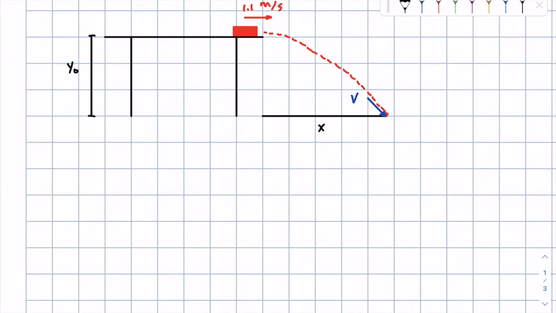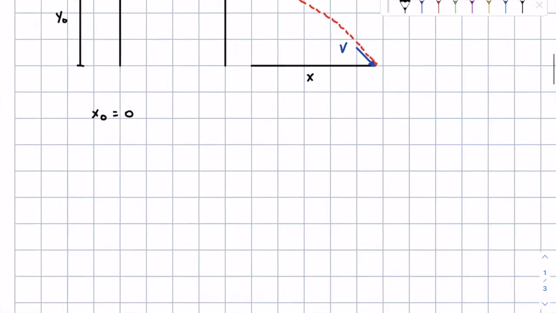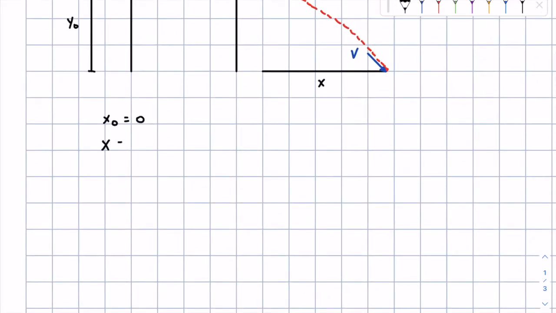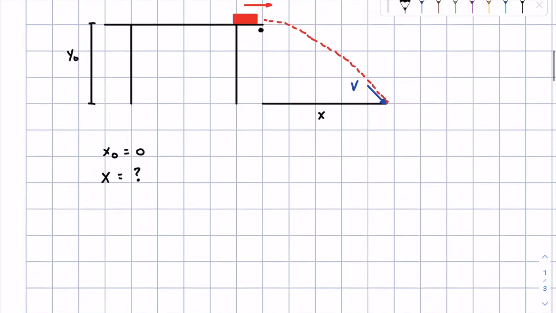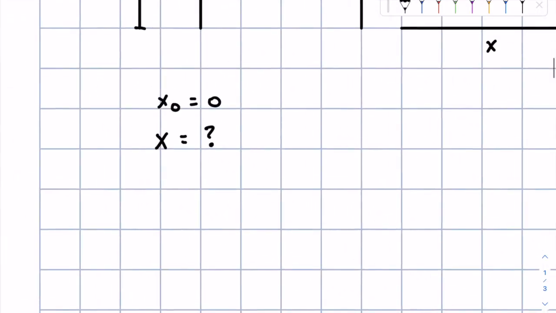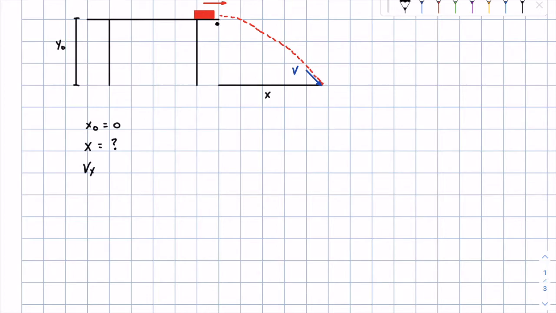I'm going to do the x side first. So we've got initial x. We can call that 0. We're just going to call this point at the tabletop 0. We're going to say x, we don't know. We're going to be trying to find x. The initial velocity in the x direction is 1.1 meters per second.